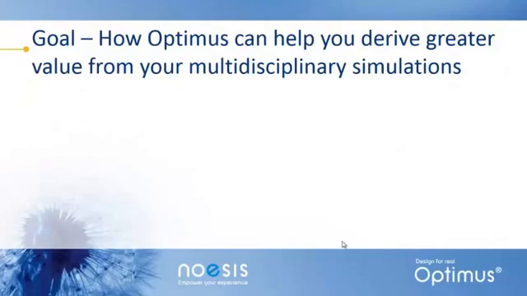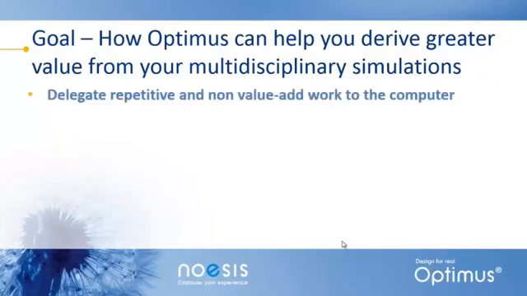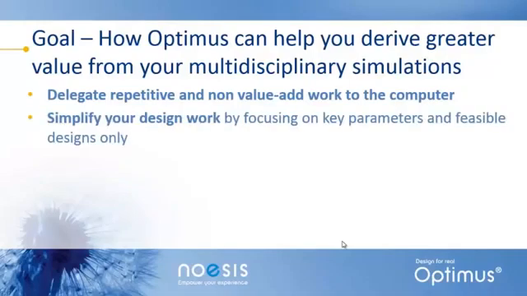For my Optimus introduction, my goal here is to begin to give you hints on how you can derive much greater value from your multidisciplinary simulations. And what you'll see is that with Optimus, you'll delegate repetitive, non-value-add work to the computer. You can simplify your design work by focusing on only those parameters that are important relative to one another.